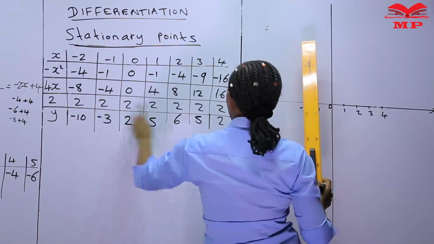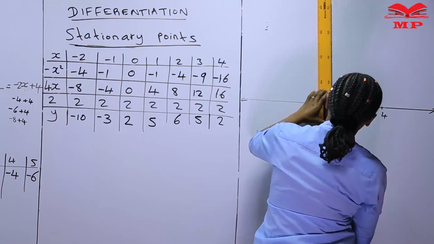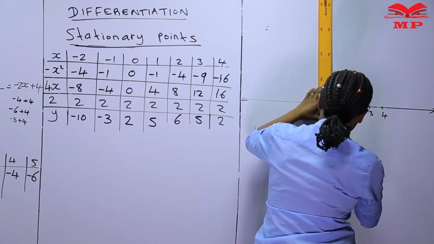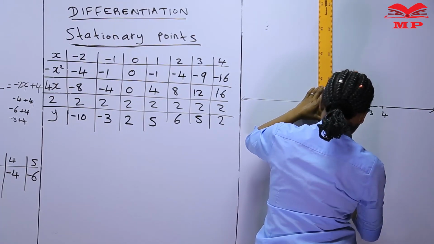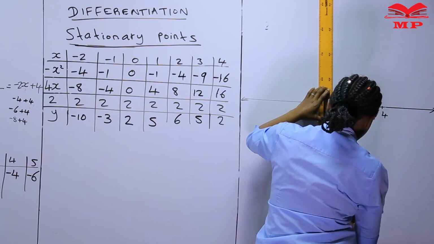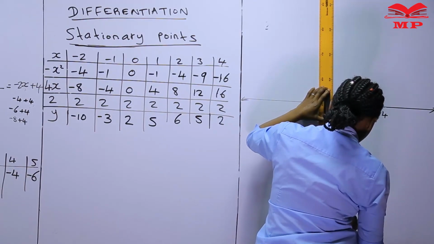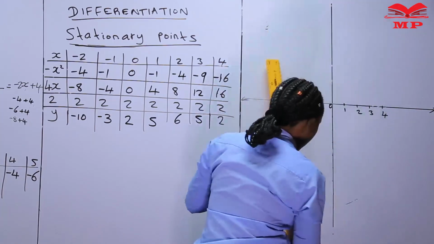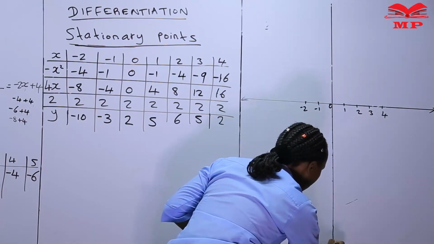Then we have negative 10, up to 6. So this is what we have. We have 1, 2, 3, 4, 5, 6, 7, 8, then 9, up to 10, somewhere there.